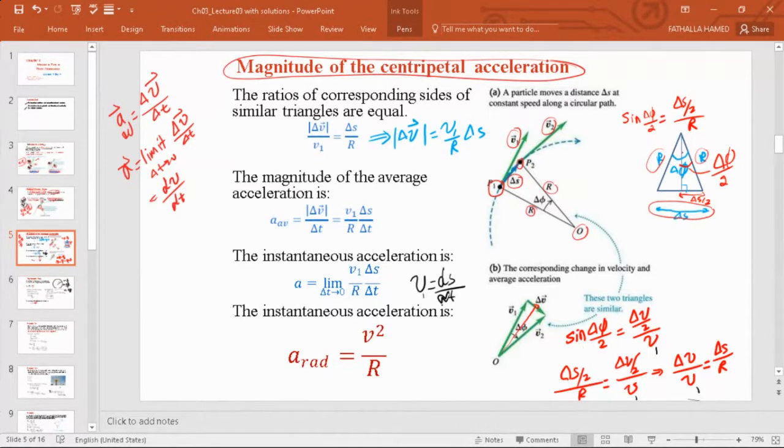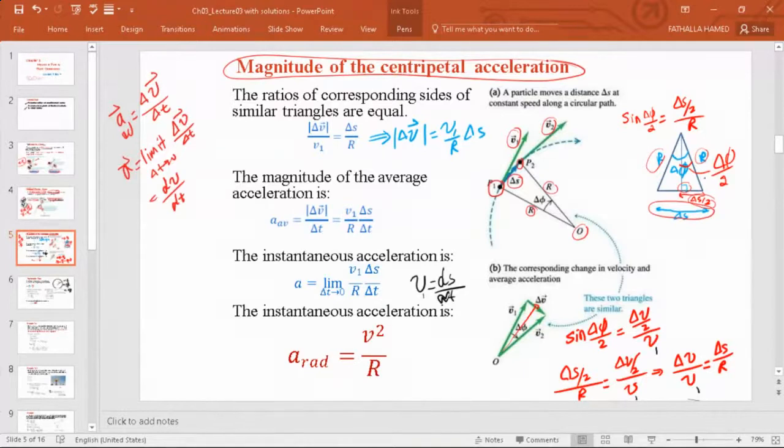Now, I can come exactly in the middle and drop a line which makes an angle of 90 degrees with the base, and that will cut my base into delta S by 2. And of course, that will cut the angle. If we call this angle here delta phi, you're moving through the angle delta phi, it will cut this angle into delta phi over 2.